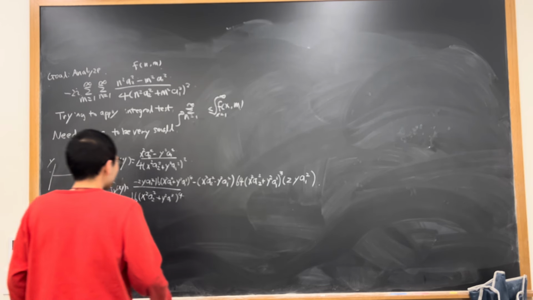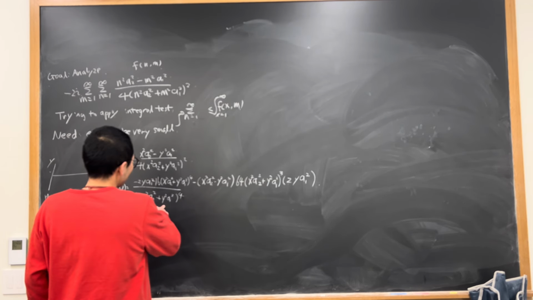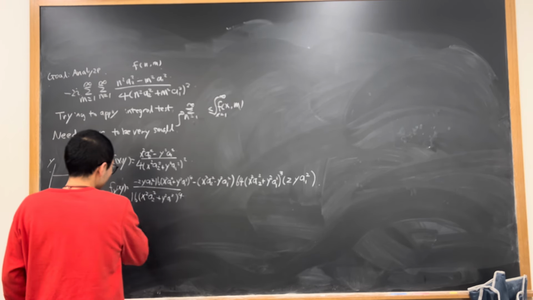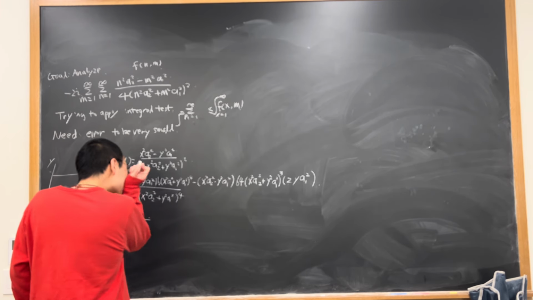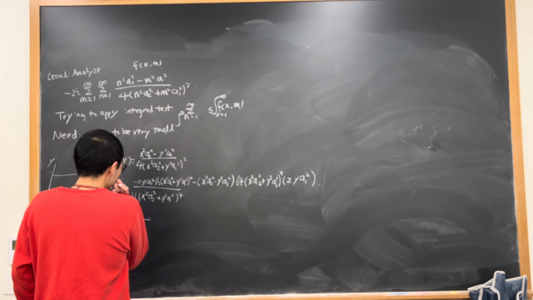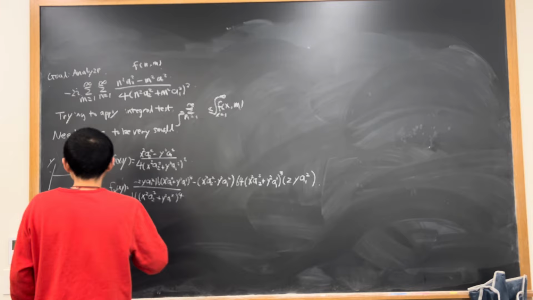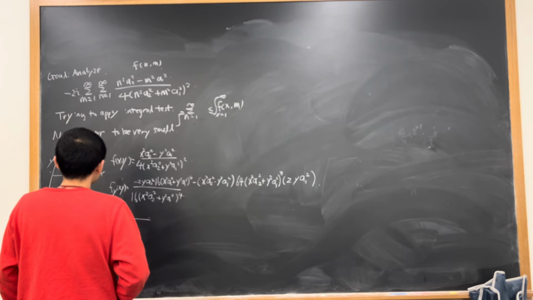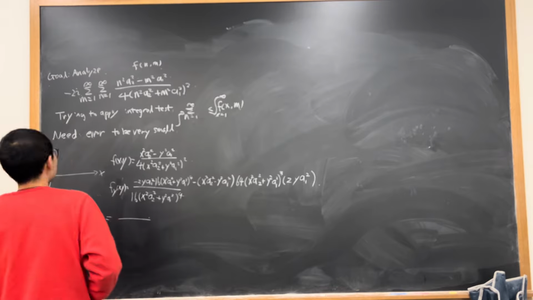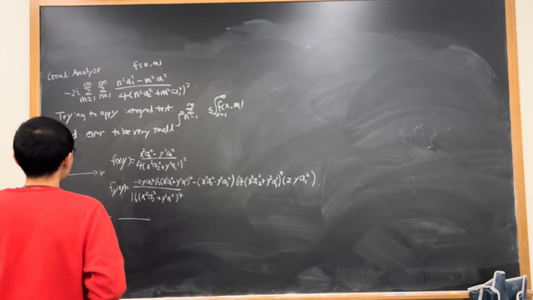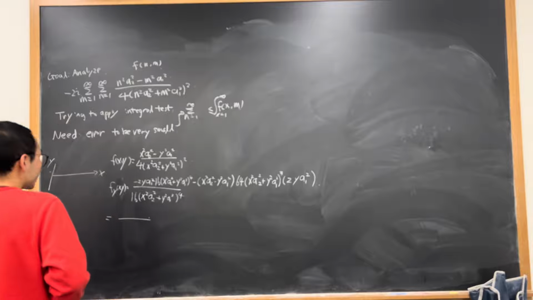Okay, so you can cancel out the copies of the third power, right? Because these two numbers are not equal to 0, since x and y are not equal to 0, because we start at the point 1, 1, so we are not at the point 0.